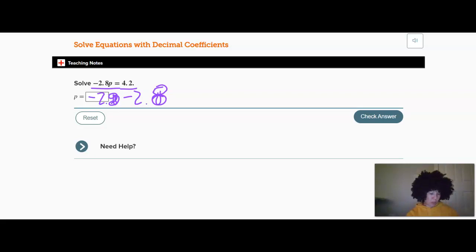But 4.2 divided by negative 2.8 is 1.5. And is that positive or negative 1.5? Correct, negative 1.5. I'm going to pretend that I hear you guys answering me and that you got the correct answer. Okay, so on page 284 in the middle is a check problem. Pause this and try that one really quick before you move on to our next type of problem.